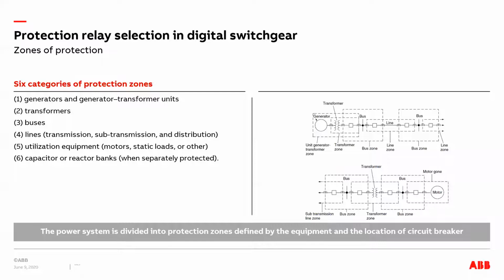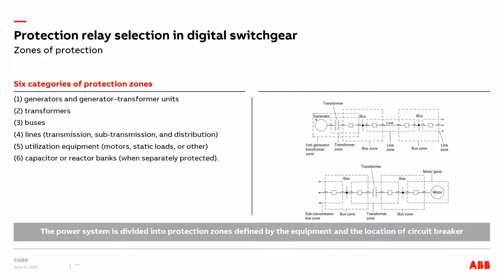As you can see here, the one is a generator and a generator transformer unit zone. Then there are transformers in the power system, so we need to protect that. And then there are the bus bars. So we need to protect that. And there are transmission lines in the power system. It could be at the transmission level, sub-transmission level, and the distribution level.